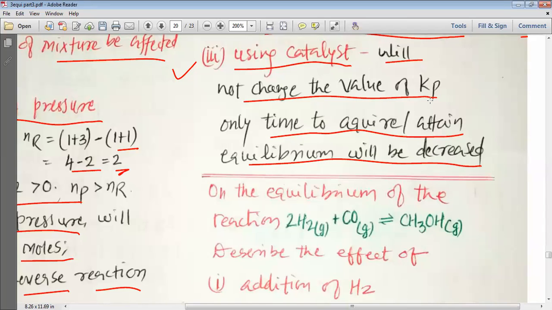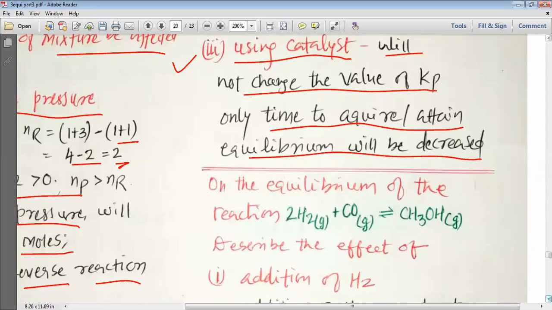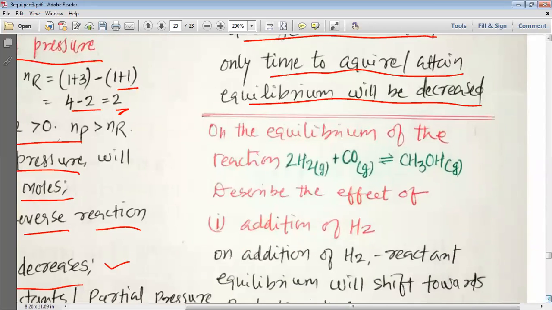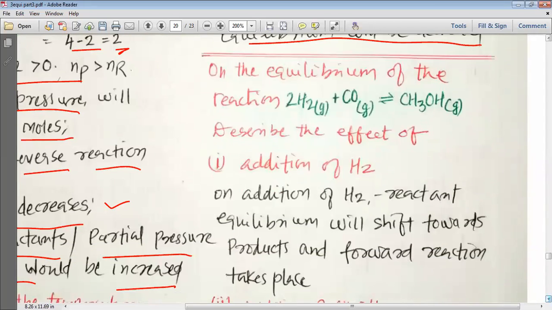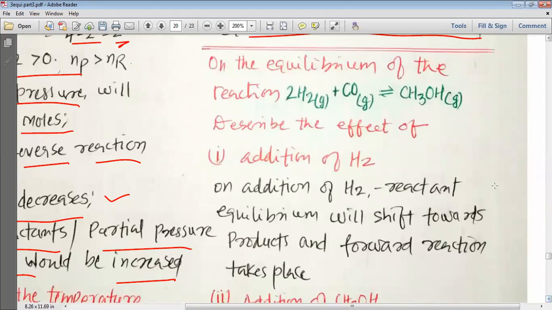The time required to obtain the equilibrium has been decreased by using the catalyst.